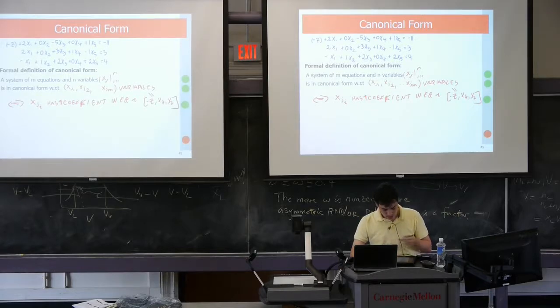So this is xj1, this is xj2, this is xj3. And we need that, for example, for xj2, the second equation for x4 has coefficient 1 and 0 in all other equations.